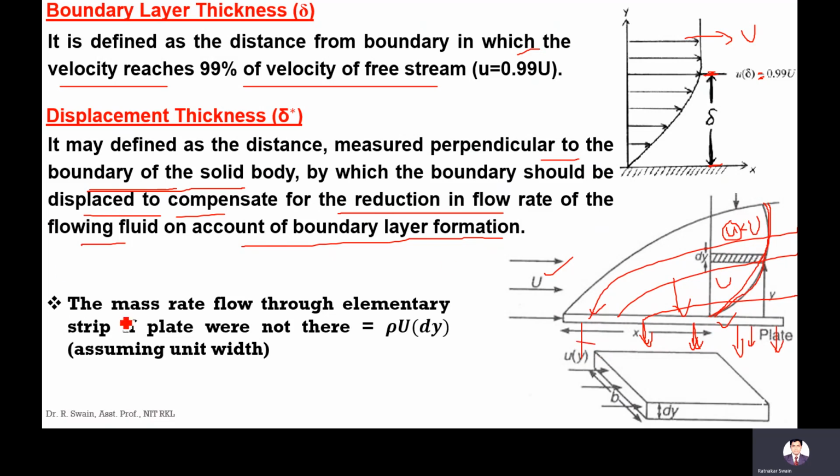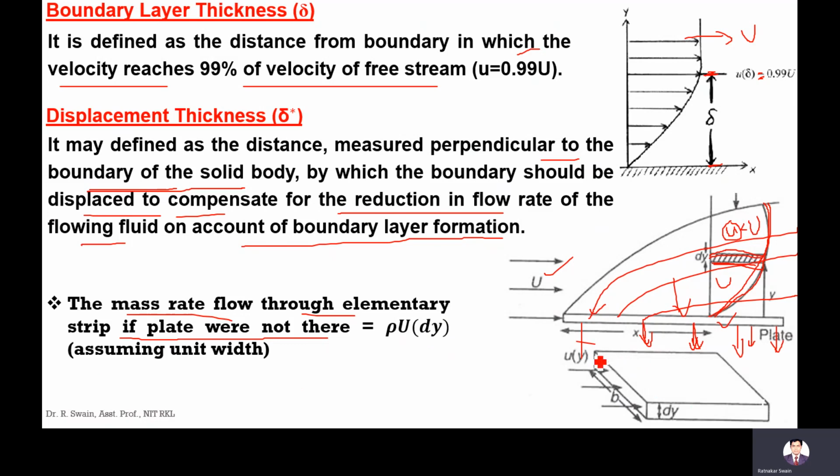So, the mass rate of flow through an elementary strip if the plate were not there. Just for the derivation, I have taken a small stream of small thickness dy. If there is no plate, then the mass rate of flow will be rho into capital U into dy, assuming unit width.